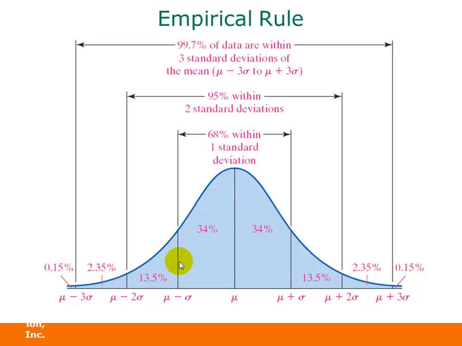If we go one more standard deviation on either side, so here we're 2 standard deviations below the mean, over here we're 2 standard deviations above the mean, between those two values we actually get 95% of our data values. And if we go 3 standard deviations from the mean in either direction, between those two values we get almost all of our data values, 99.7% of them.